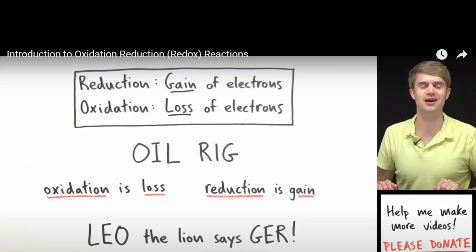And Leo the lion says grr. We even have a cute little lion on the page for you. So loss of electrons is oxidation. Gain of electrons is reduction. Leo the lion says grr.